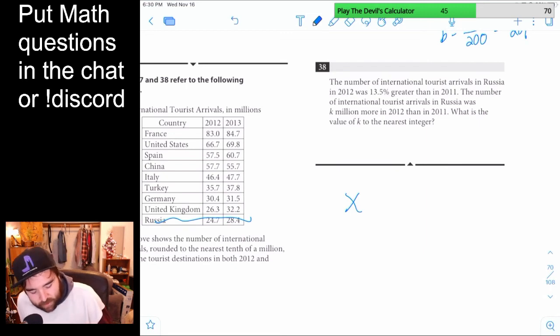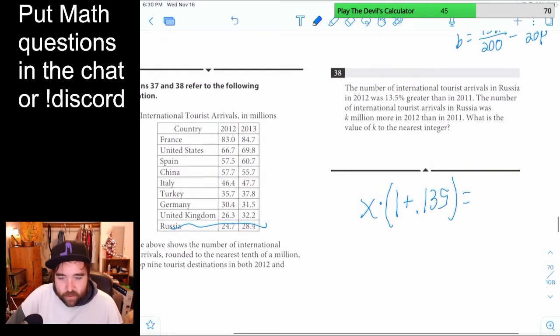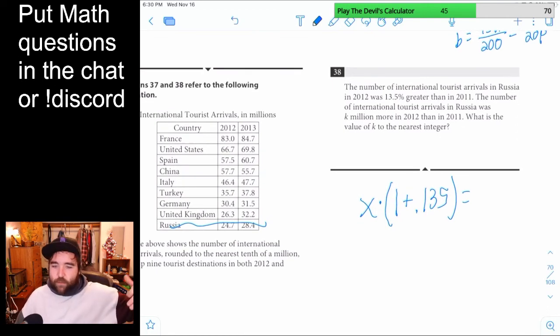And to get the 2012, it's 13.5% greater. So it's 1 plus 0.135. Remember, that's always how you do percent increase. And that's going to get us the 2012 number, because we take 2011, increase it by 13.5%. That gets us the 2012 number.